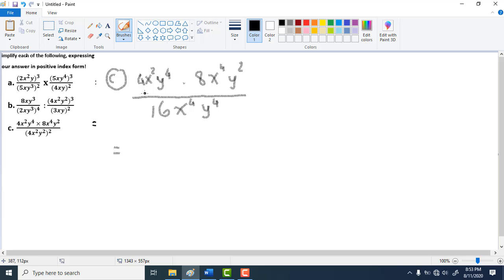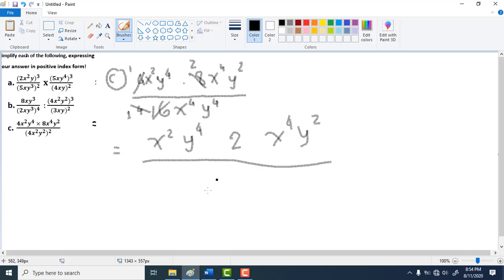And then, can we simplify the number? Yeah, this one divided by 4, 1; this one divided by 4, 2. So we have x to the power of 2, y to the power of 4 times 2 times x to the power of 4, y to the power of 2 divided by x to the power of 4, y to the power of 4.